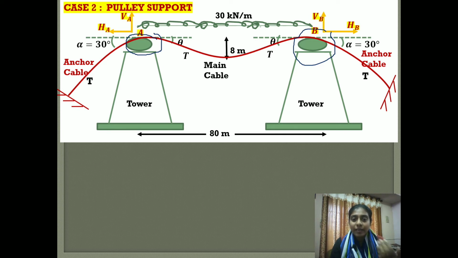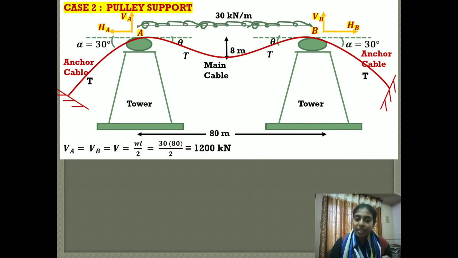The only thing that is different from the first part is the tension in the main cable and the tension in the anchor cable, which remains the same. So the vertical reaction, horizontal reaction, the tension in the cable and finding theta are the same as in the first part.